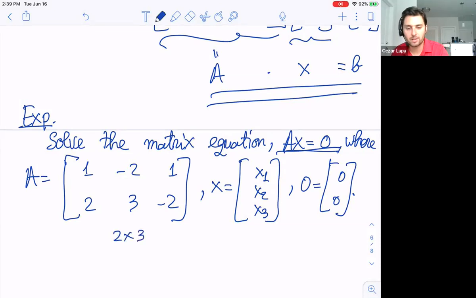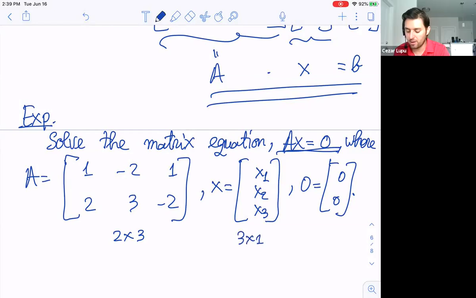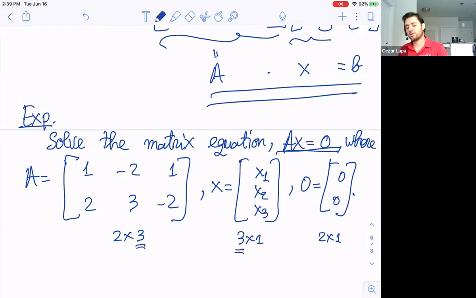What is the size of X? 3 by 1, correct. And the size of O, of the null matrix, is what? 2 by 1. As you can see here, the number of columns in the first matrix is the same as the number of rows in the second one.